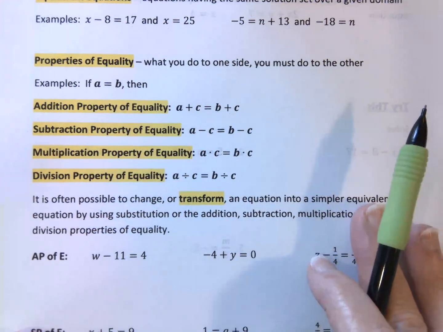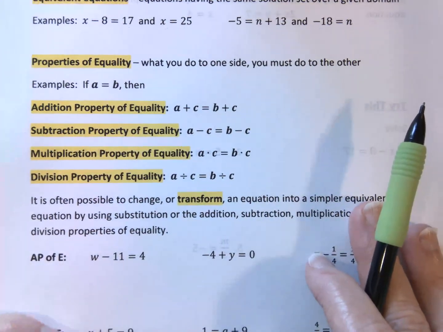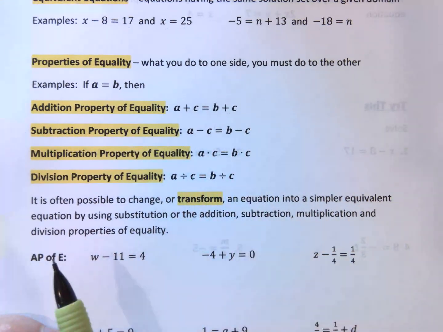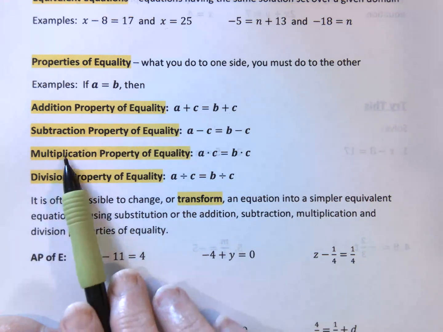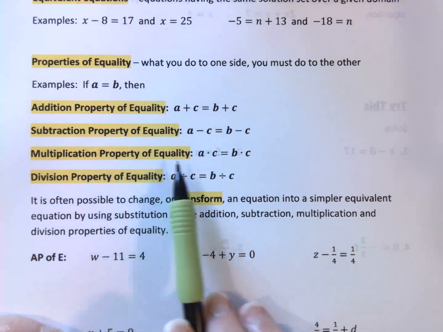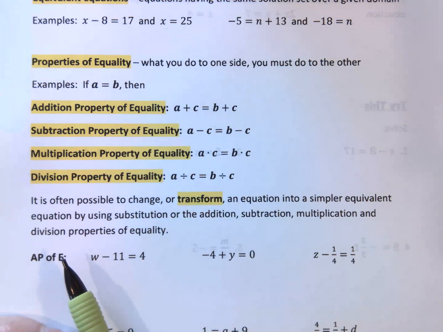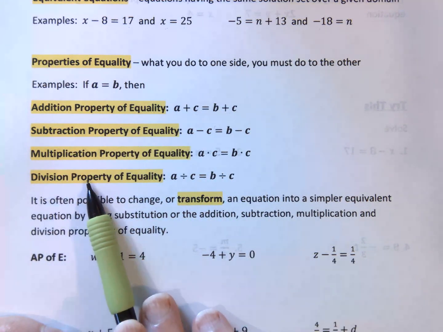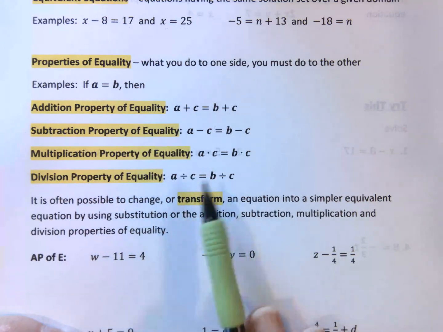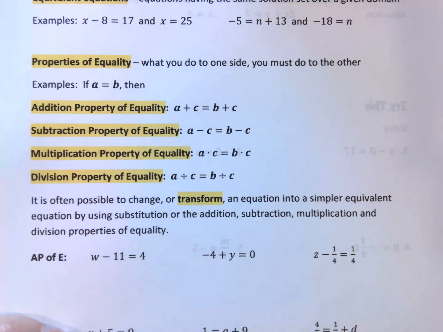The subtraction property of equality says I can subtract the same thing from both sides and it'll still be equal. The multiplication property of equality says I can multiply both sides by the same thing and it'll still be equal. And the division property of equality says I can divide both sides by the same thing and it'll still be equal.